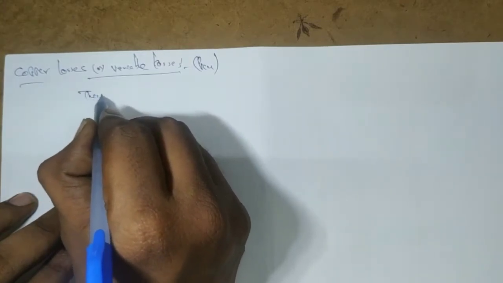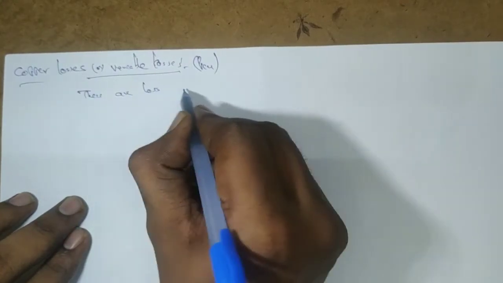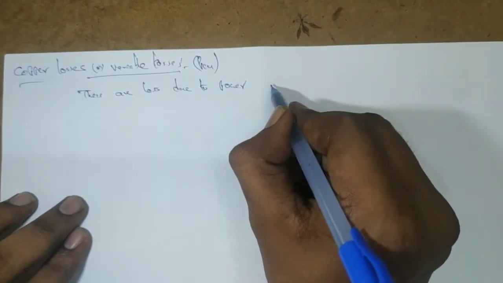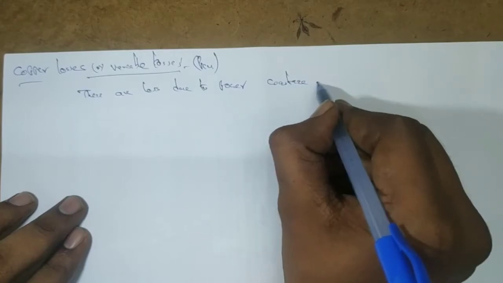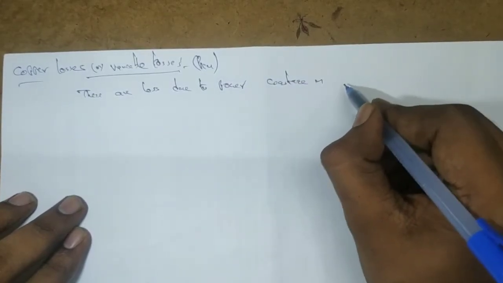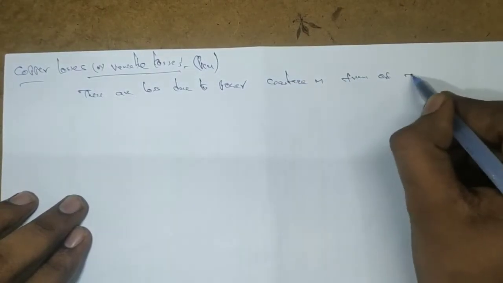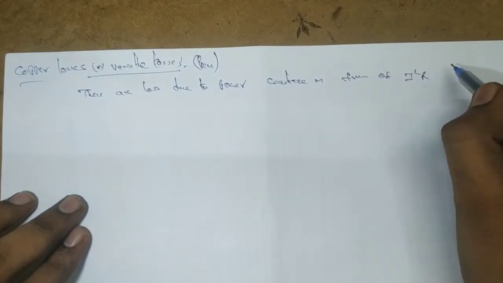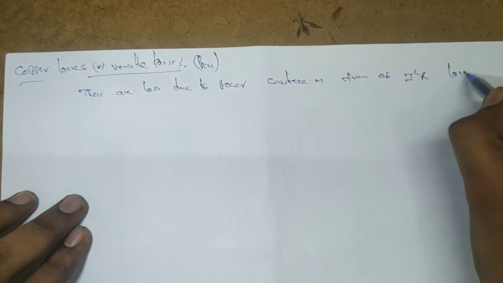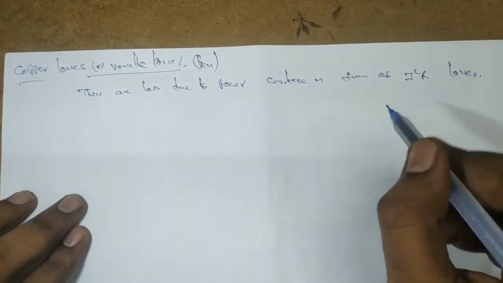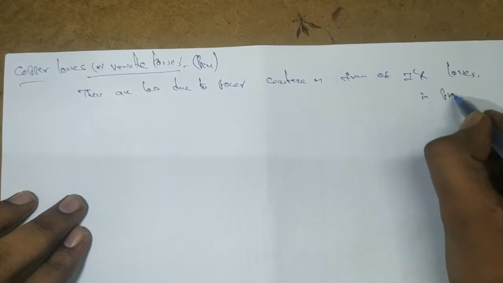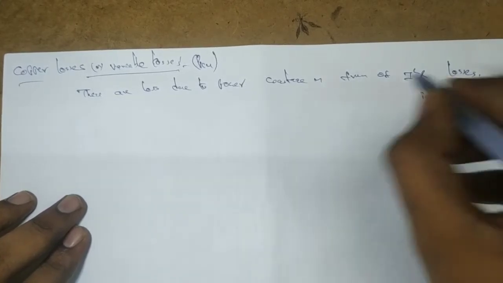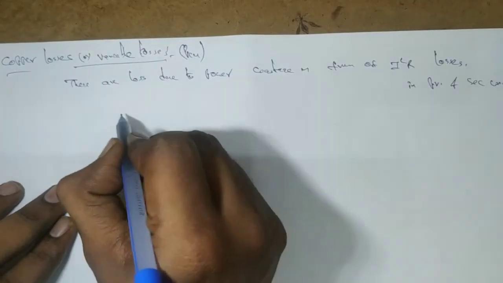I square R losses occur in the primary winding as well as in the secondary winding, so the total copper losses of a given transformer will be equal to I1 square R1, that is primary copper losses, plus I2 square R2, which is secondary copper losses.